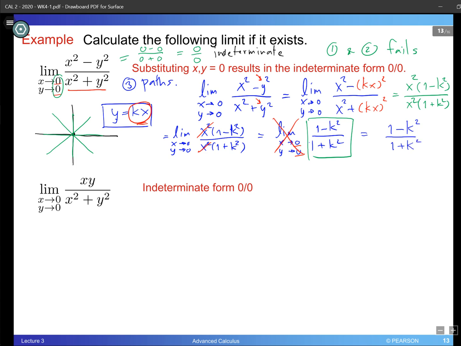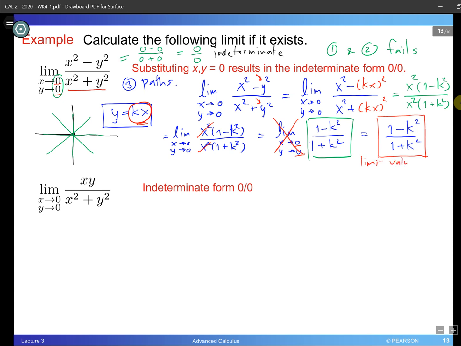So, I want you to pay attention to this. This is very important. What we have right here, 1 minus k squared divided by 1 plus k squared, is the limit value of this problem. Make a note right here, this is the limit value.